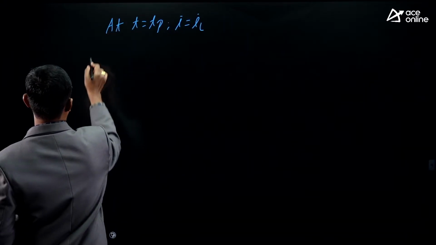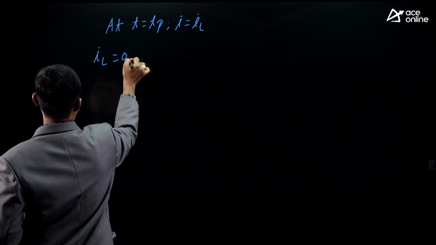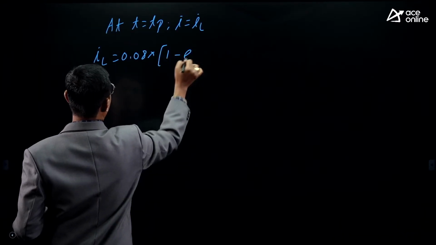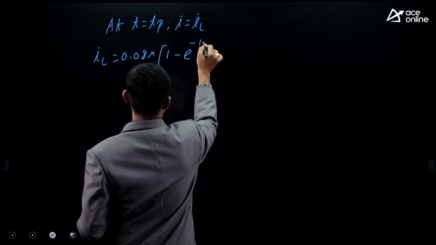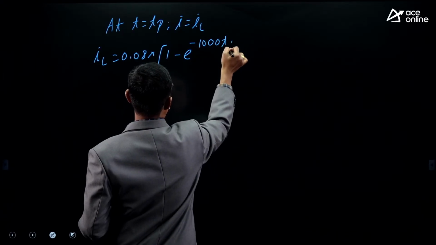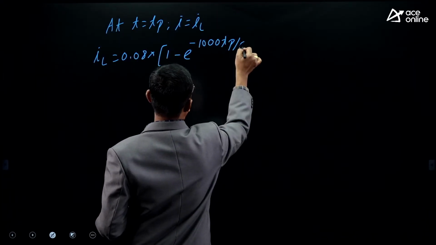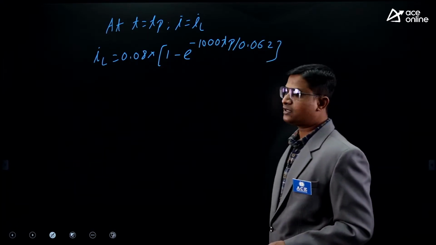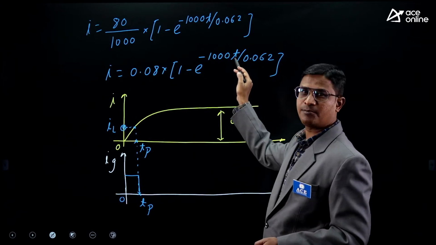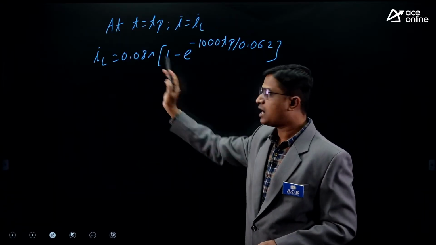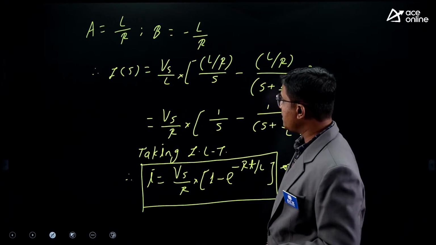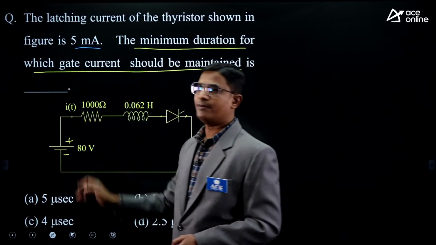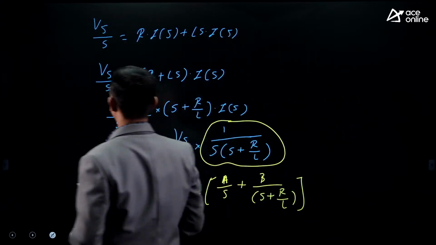So I am writing IL equal to 0.08 into 1 minus e to the power minus 1000 into TP upon 0.062. At t equal to TP, I am replacing t with TP and I with IL. What is the IL value? IL value is 5 milliampere. They have given IL is 5 milliampere.